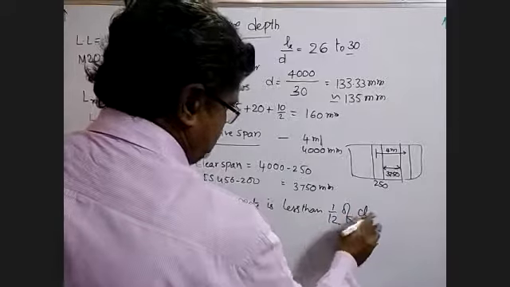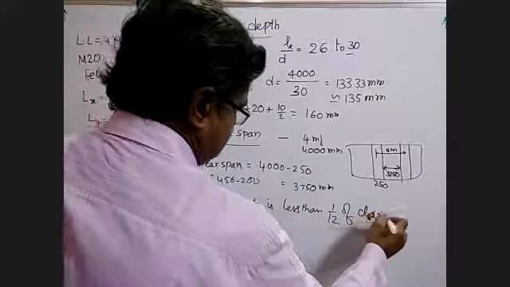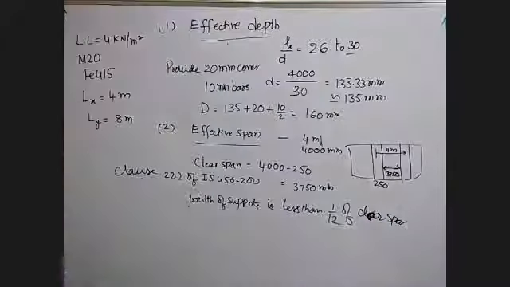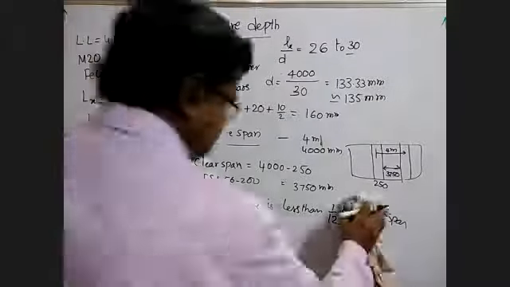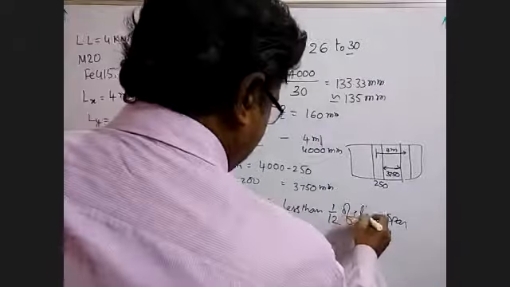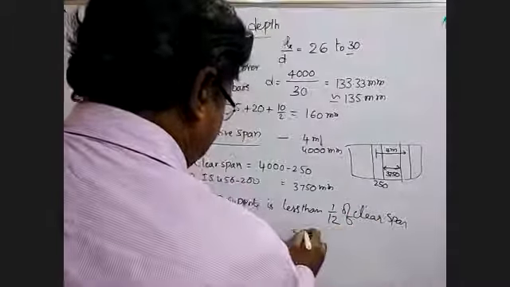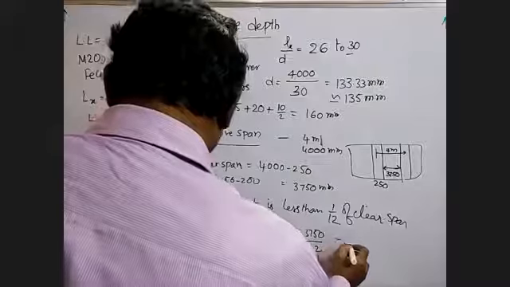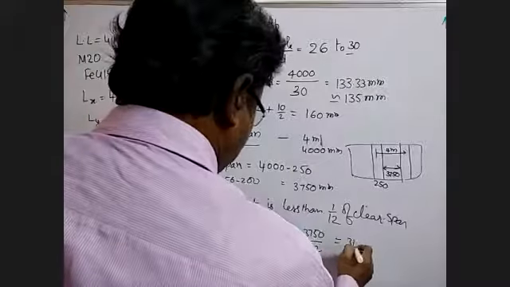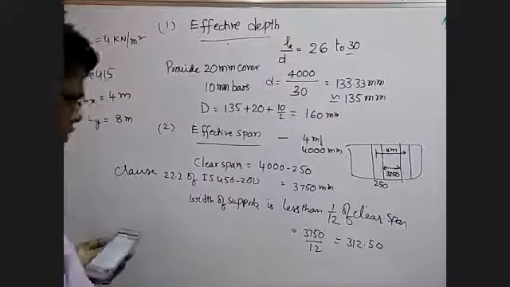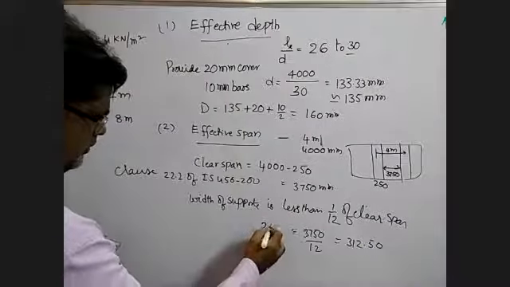Remember, 1/12 of clear span. That is why we have calculated the clear span. So 3750 by 12 comes to 312.5. But the width of the support is 250 mm.